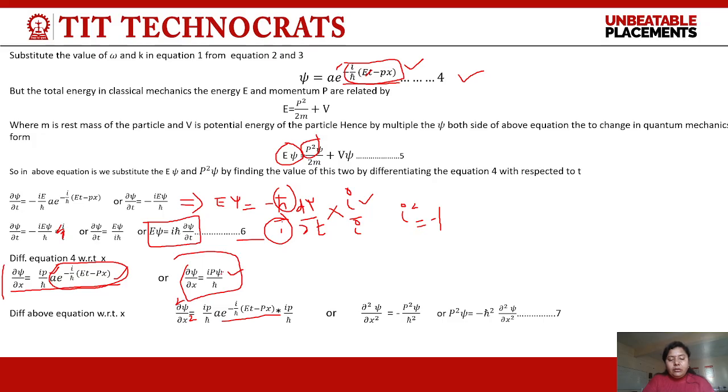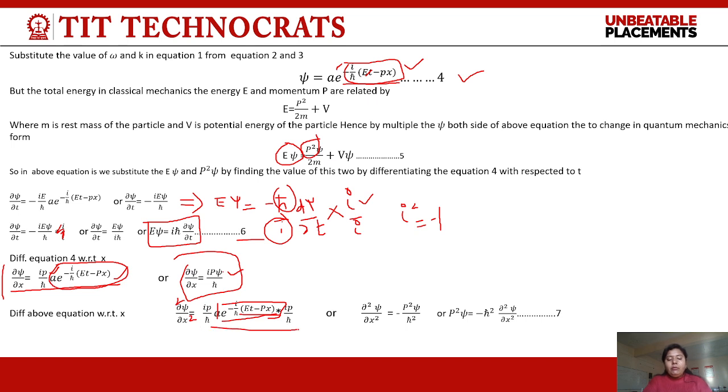This psi is multiplied by i p upon h cut. So when I am differentiating, I will get this value as it is, the one which I have covered in the box. And after that, again I differentiate the power. Whenever I differentiate the power, Et becomes 0, and what is left? Minus minus becomes plus. Again I get i p upon h cut.